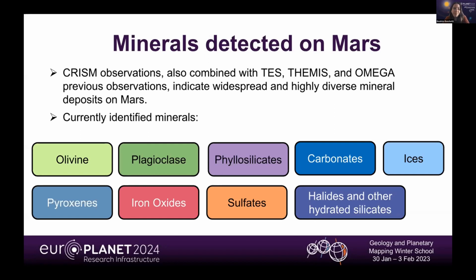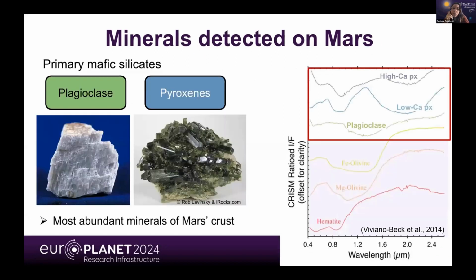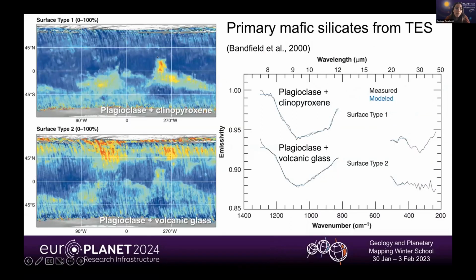at most of them. Starting with the primary mafic silicates, plagioclase and pyroxene are the most abundant minerals of Mars's crust, and pyroxene can be either high calcium pyroxene or low calcium pyroxene. Here you can see a map from TES showing the distribution of these minerals.